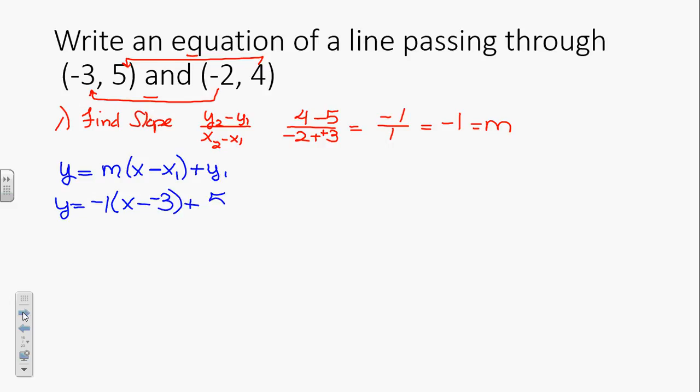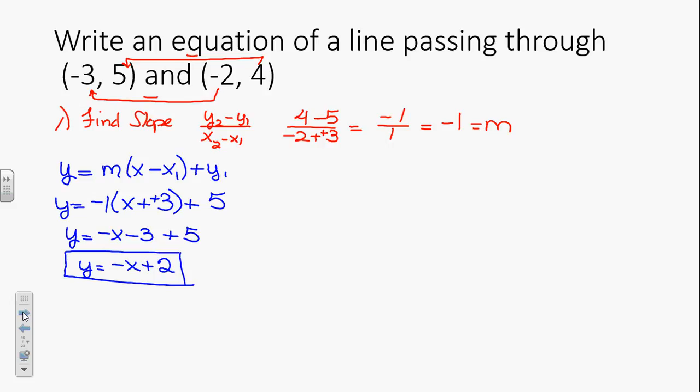The y was already positive, it stays positive. We don't change the sign of it, we change the sign of the x. Okay, so minus a negative becomes plus a positive. Distribute. And then combine your like terms. There is a line that goes through those 2 points.